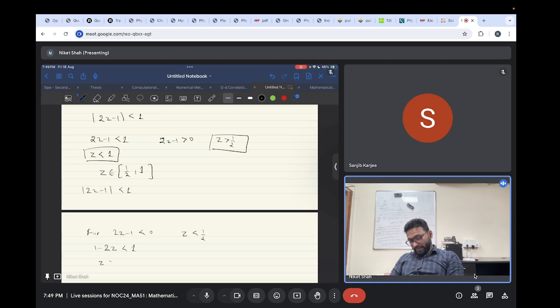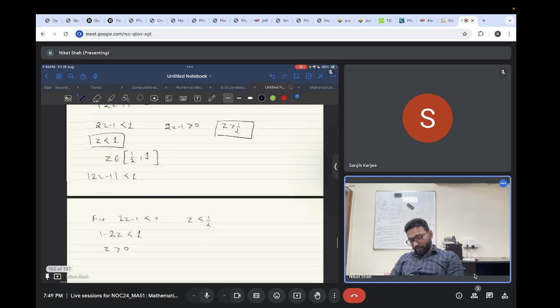So z is greater than 0. So in that case, z belongs to 0 to half.